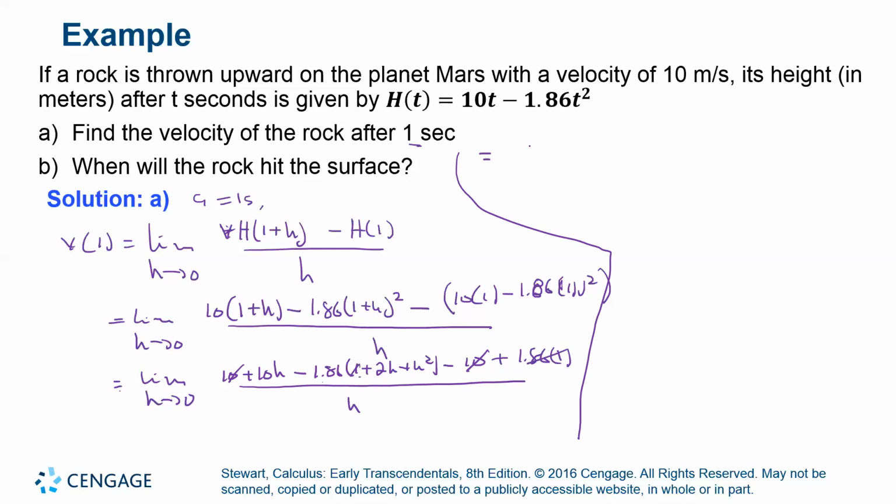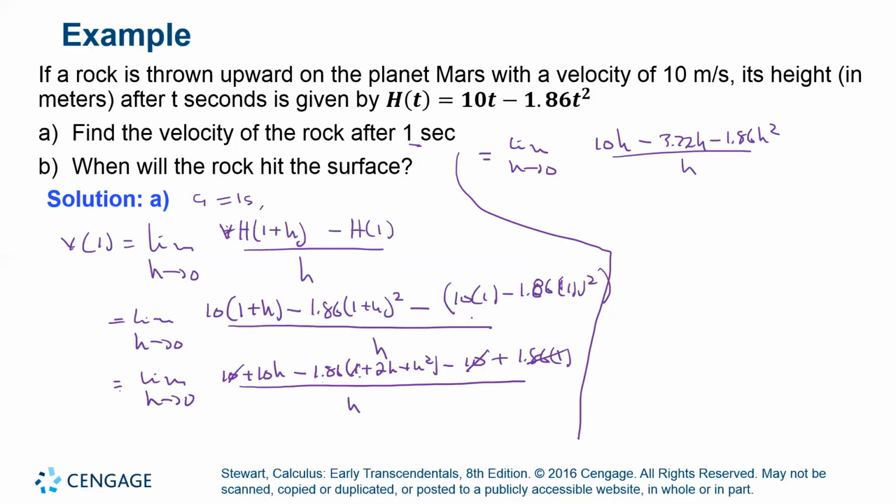So what we are left with is the limit as h goes to 0 of 10h, then minus 1.86 times 2h, that will give me 3.72h. And then we have minus 1.86 h squared, divided by h.